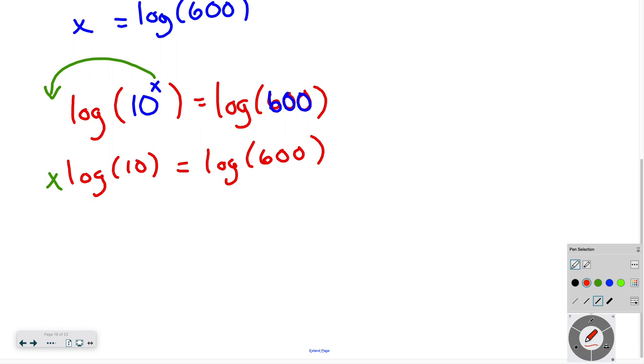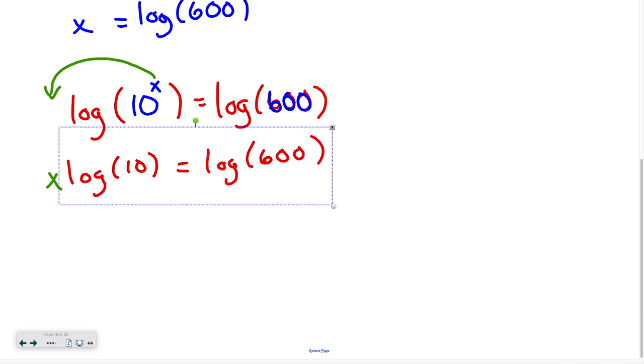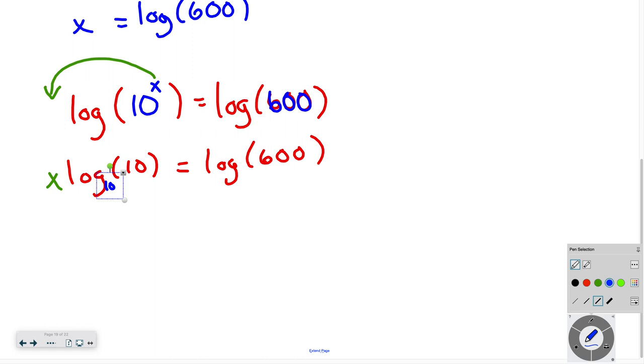And we're trying to isolate x at the moment. So again, it's coincidental at the moment because this log 10 right here on the left, the x times log 10, that log 10 simplifies to 1, right? If you remember, that logarithm is asking us base 10 raised to what exponent is 10? That would be 1. So this whole thing simplifies to 1. And if you recognize that now, then turn it into 1 and x is isolated.